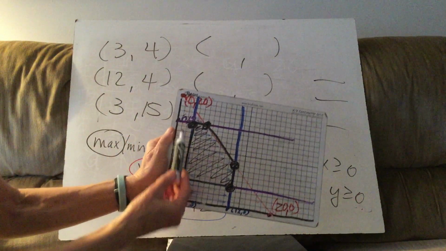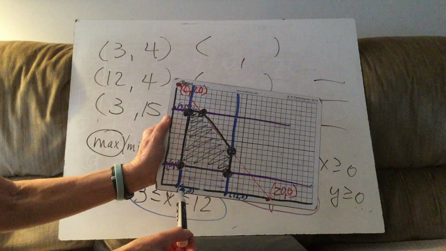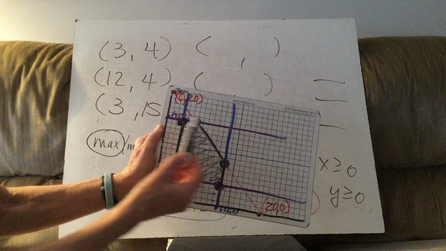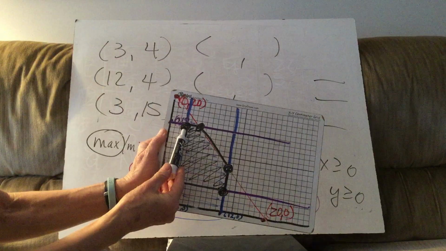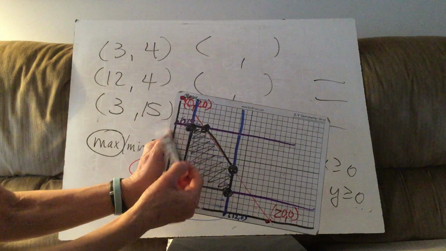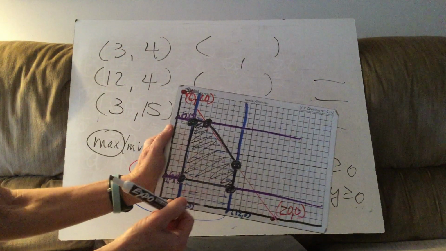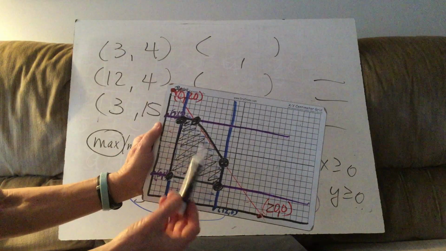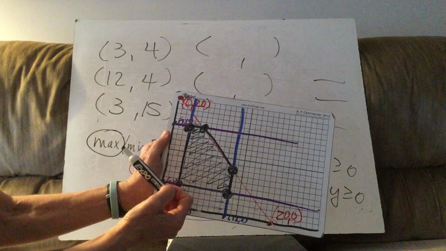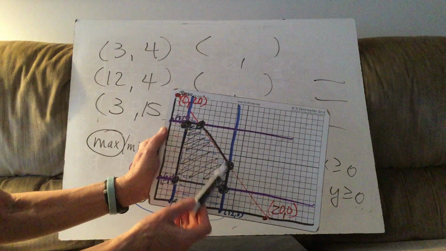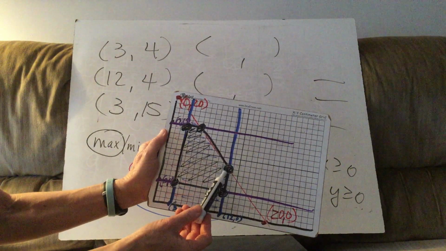Remember, if you're on a vertical line, your X is whatever it is. If you're on a horizontal line, your Y is whatever it is. So this is on the vertical line where X is 3 and the horizontal line where Y is 15. Now, we've identified all of these. These are the trickier ones, but they're still super simple. Let's look at this point right here. We know its X is 12.